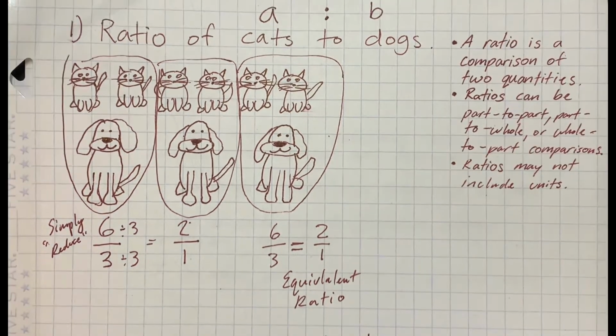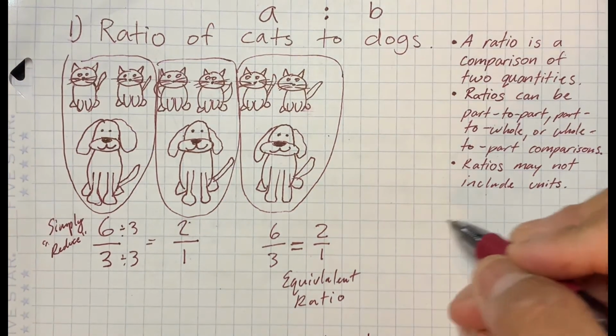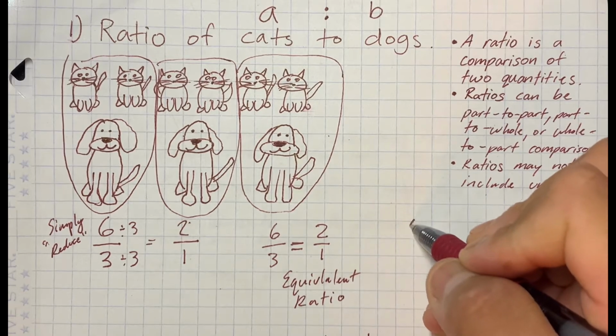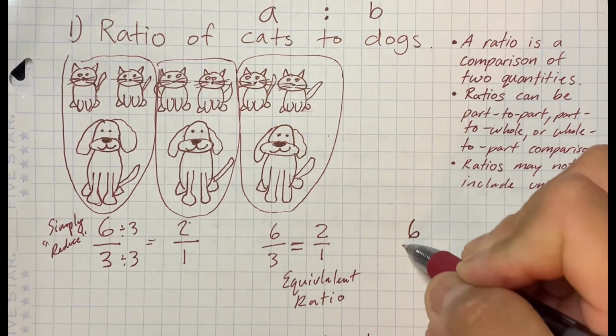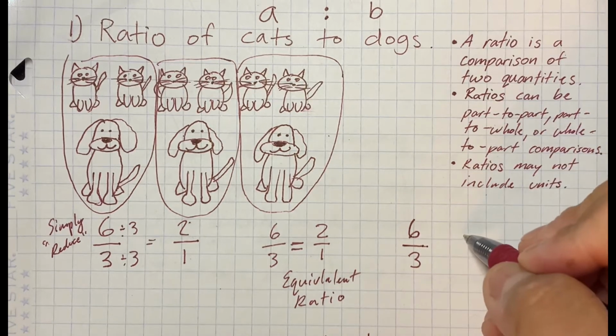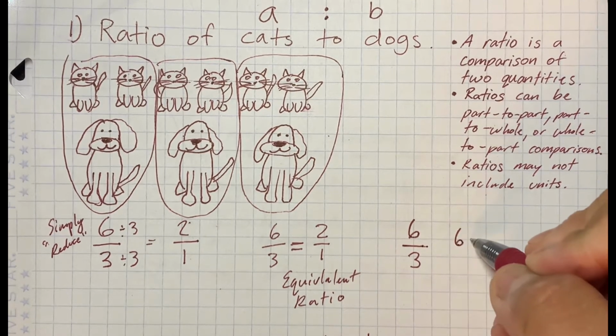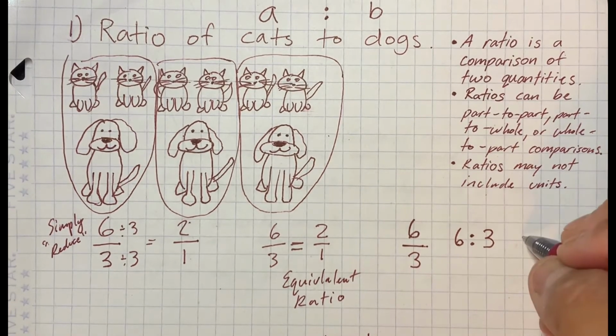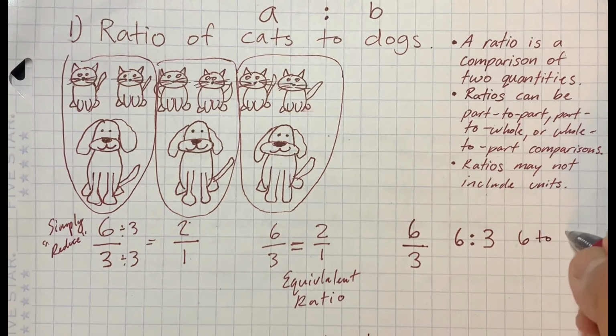Now let's also write this ratio in a few different ways. So again, we can write it as a fraction, 6 cats to 3 dogs. We can write it with a colon, 6 cats to 3 dogs, and as a word, 6 cats to 3 dogs. Okay, so there's 3 ways to write ratios.